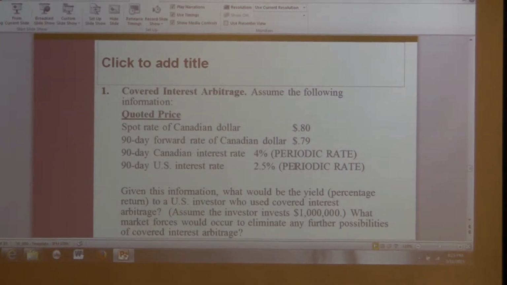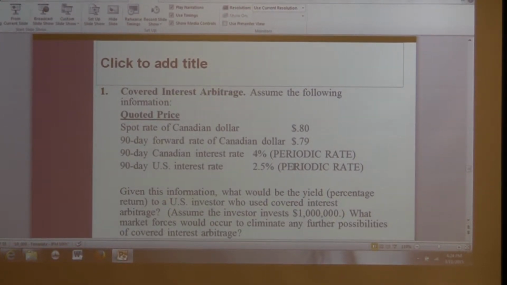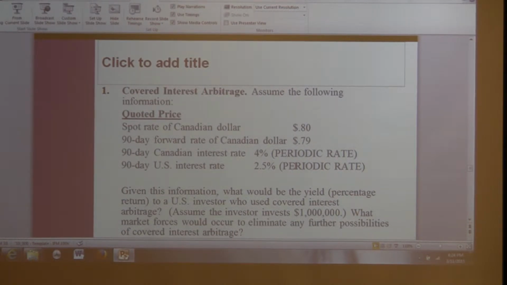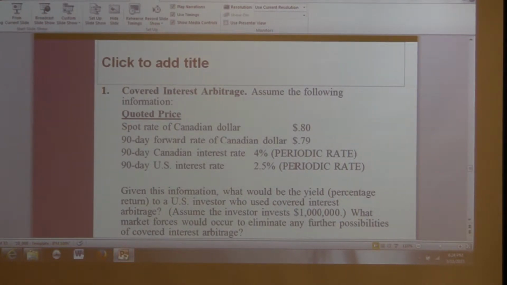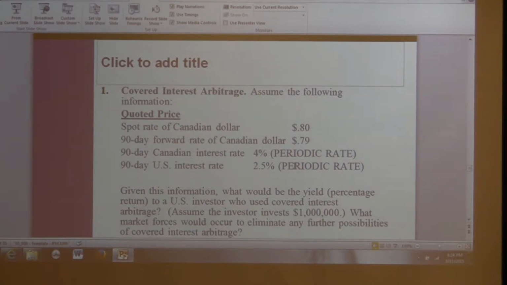Here you have $1 million to invest, and the exchange rate is 0.8. So here you end up with $1,250,000 Canadian dollars, okay?